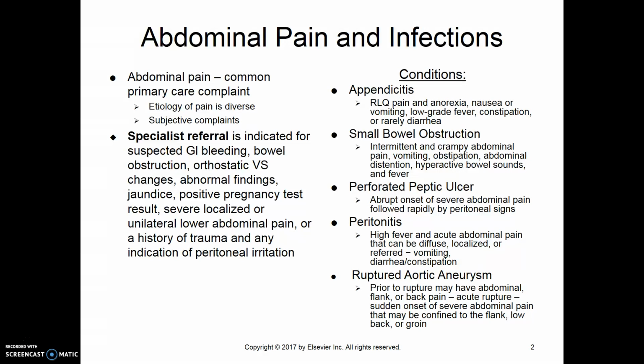It's usually described as dull and crampy and poorly localized, in sharp contrast with parietal pain, which is sharp, knife-like, well-localized pain, and that arises from irritation of the peritoneum. And you'll see that such as in acute appendicitis, where the inflammation infection has spread to the peritoneum.